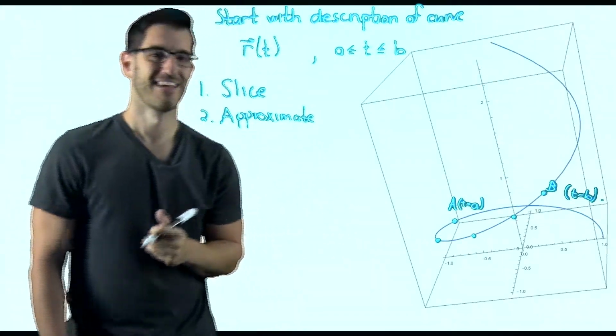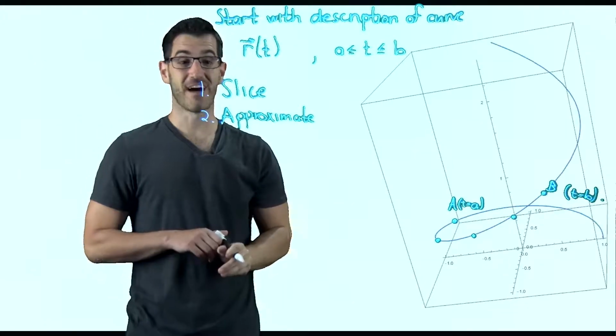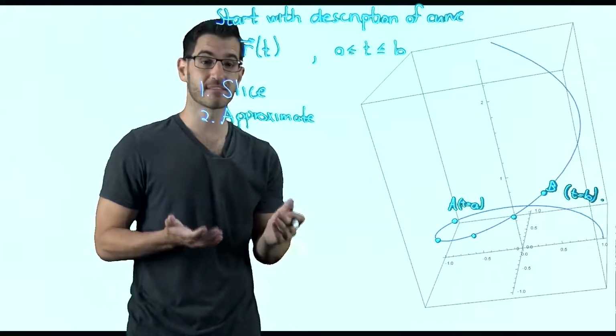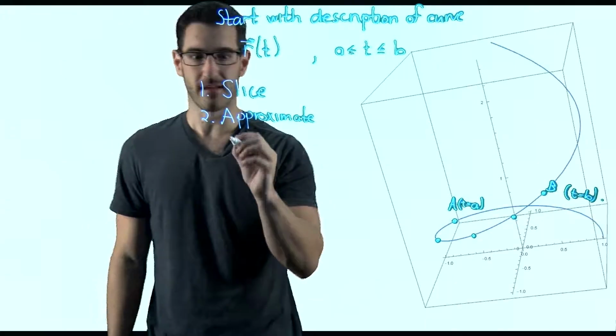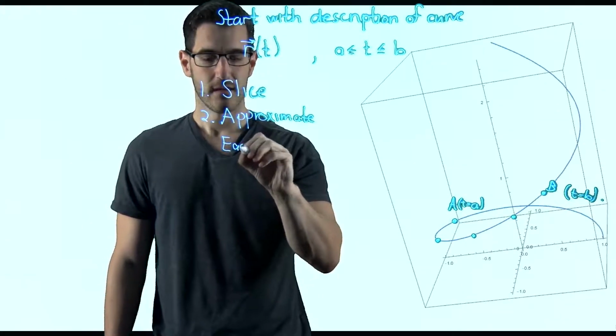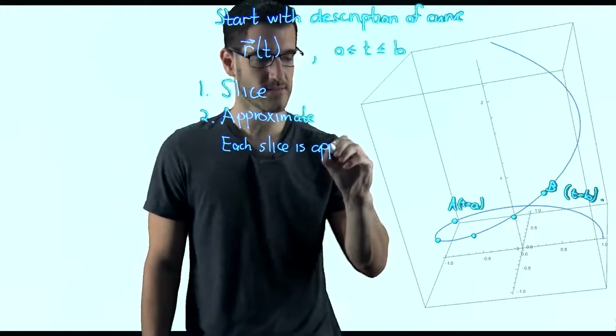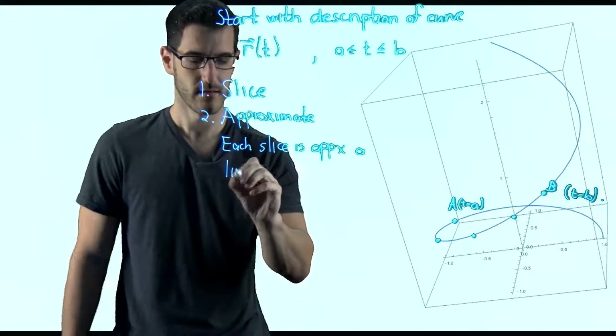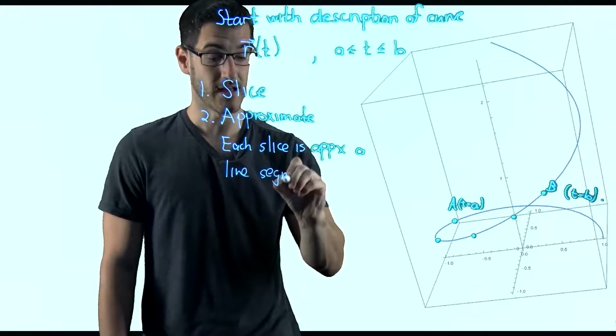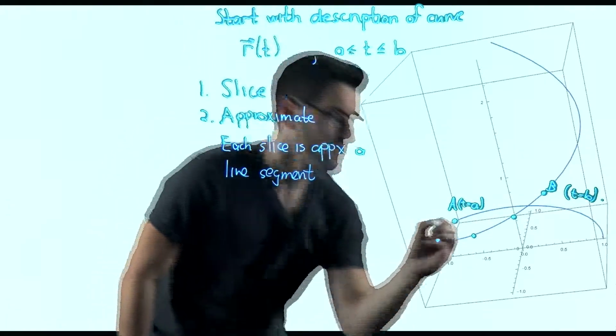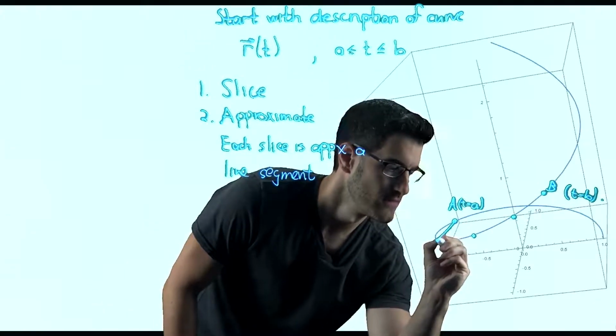Well, we just talked about finding lengths of line segments. Each of those segments looks like a line segment. So each slice here is approximately a line segment. So I'll draw that on our picture.